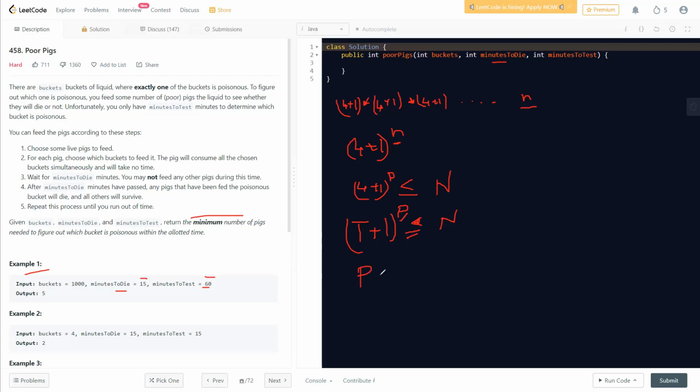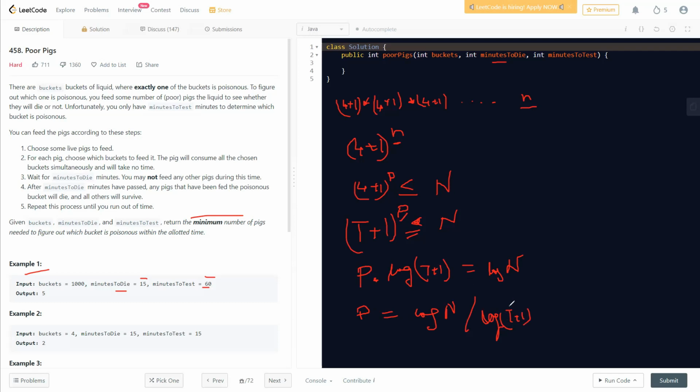We can simply take the log: p times log of (t plus 1) equals log of N. So p, the number of pigs we need, is log of N divided by log of (t plus 1). That's the number of pigs we need to calculate.